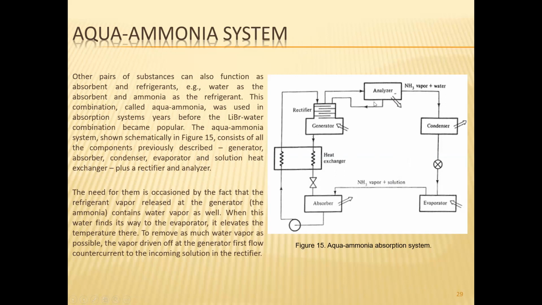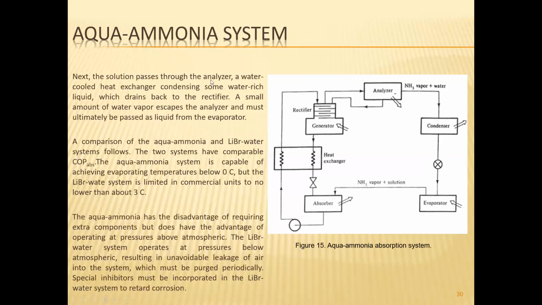So, this is the additional part of the aqua ammonia solution. The need for them is occasioned by the fact that the refrigerant vapor released at the generator, the ammonia, contains water vapor as well. When the water finds its way to the evaporator, it elevates the temperature there. To remove as much water vapor as possible, the vapor driven up the generator first flows countercurrent to the incoming solution in the rectifier. That is the purpose.